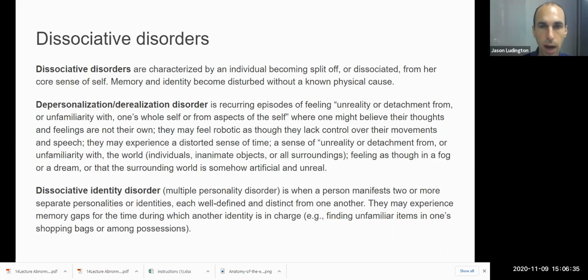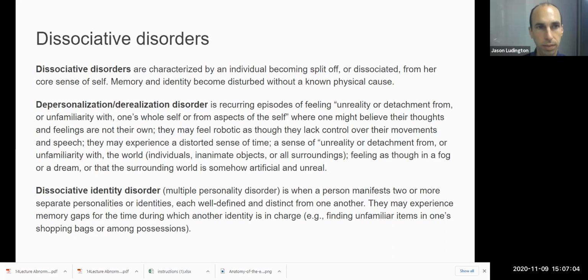They may feel robotic, as though they're lacking in control over their movements and speech. They might experience a distorted sense of time, sense of unreality or detachment from or unfamiliarity with the world. They might feel as though in a fog or a dream, or that their surrounding world is somehow artificial or unreal. That's this disorder.